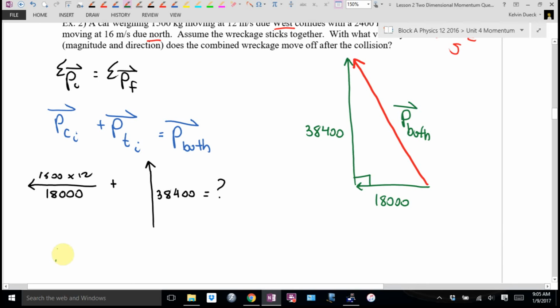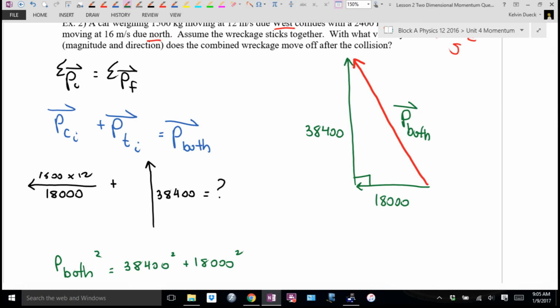Pythagoras says momentum of both squared equals 38,400 squared plus 18,000 squared. By the way, the most common mistake: on your test, the vast majority of the written questions, if not all of them, are going to be at angles.